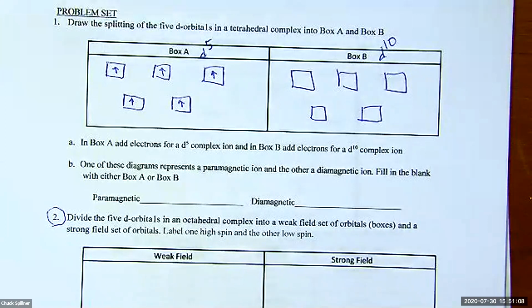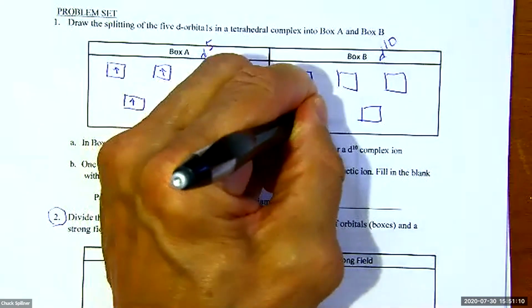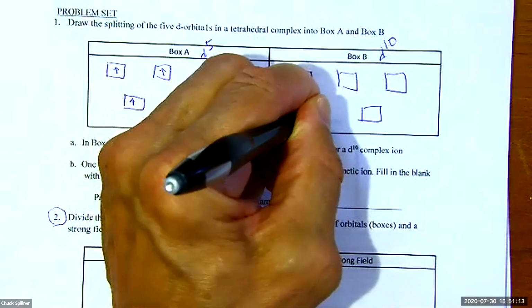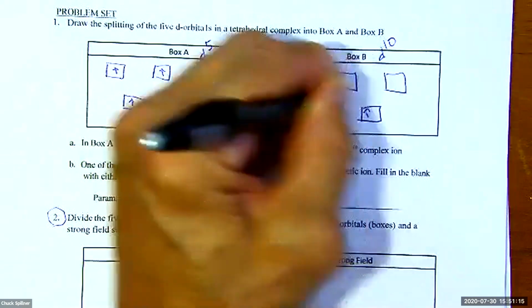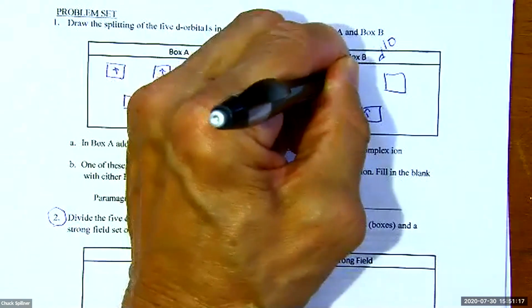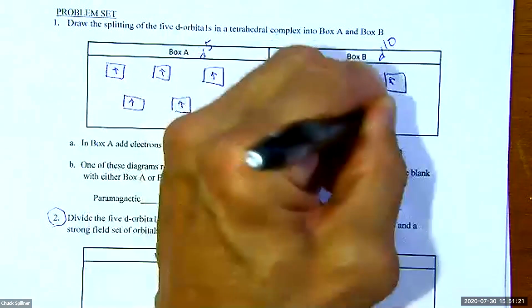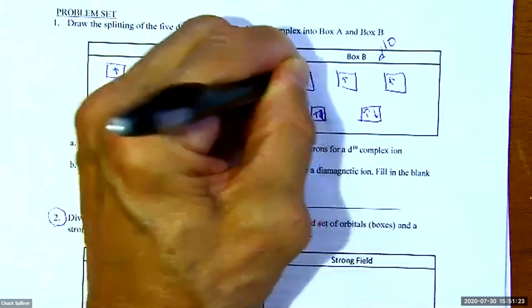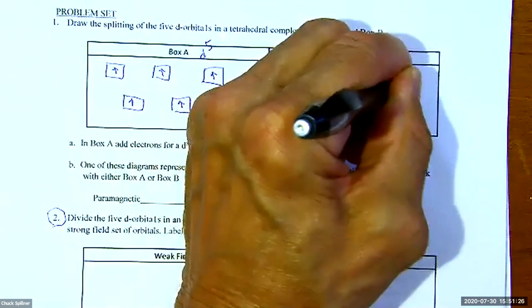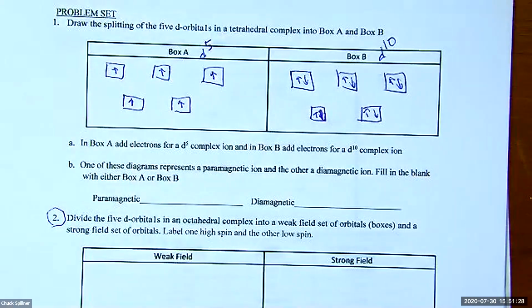It's like that. And for the d10, they'd all be paired up. I should actually go fill them singly first, because that's what would happen. And then you pair them up. I'm going to pair them up. Okay.